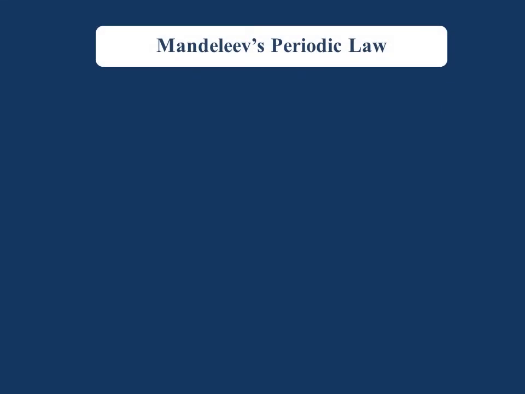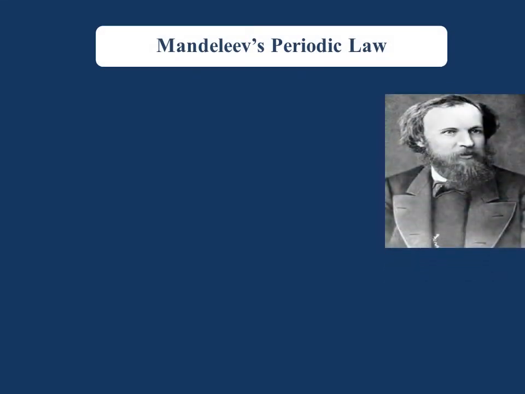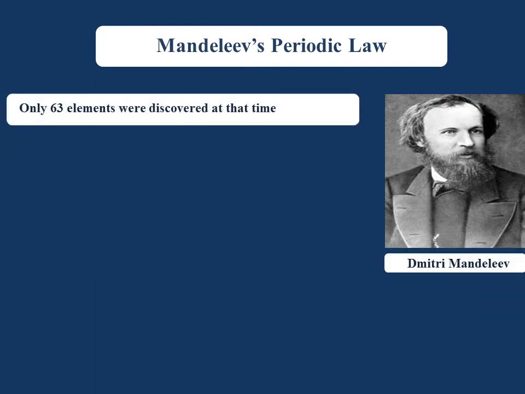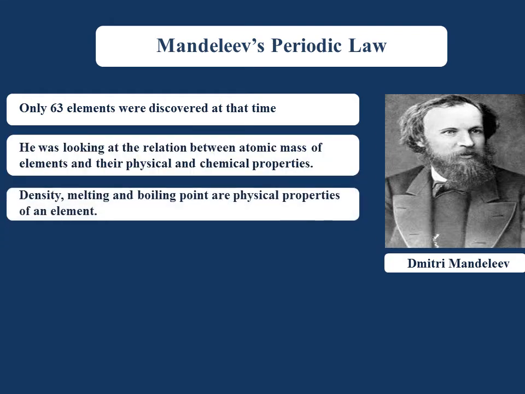Next we go for Mendeleev's periodic law. Dmitri Mendeleev worked with only 63 elements. He was looking at the relation between the atomic mass of elements and their physical and chemical properties. What are physical properties?